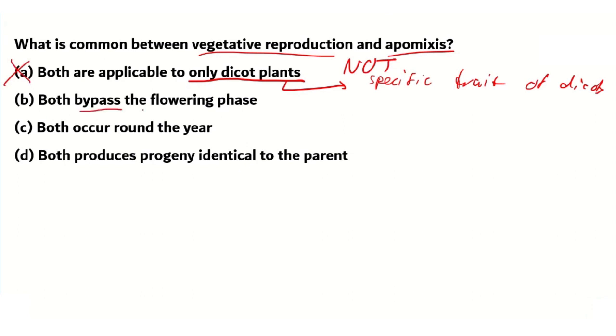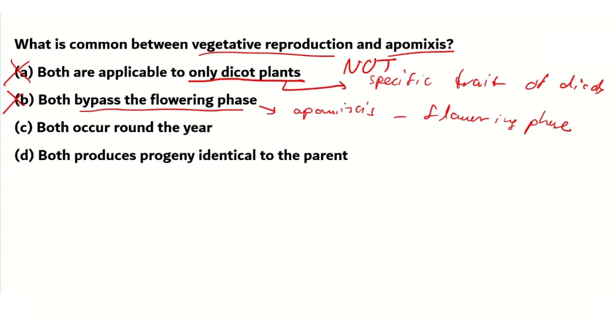Option B, both bypass the flowering phase. This is incorrect because even though vegetative reproduction does bypass the flowering phase, apomixis still has a flowering phase. In apomixis, it's one of the cells of the nucellus of the flower that divides and forms the new seed.